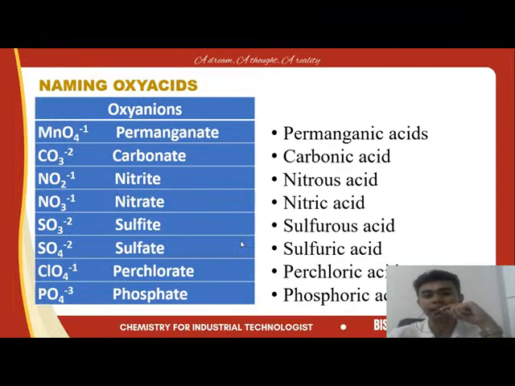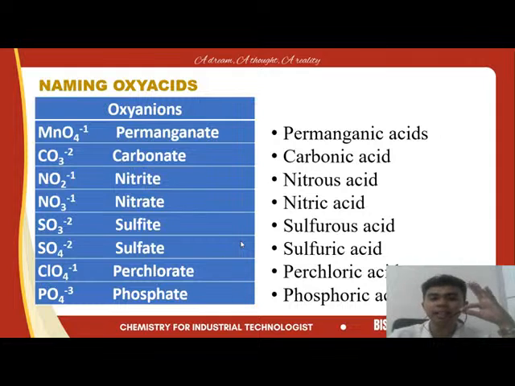So very basic. All you have to do is remember that if the last three letters or the suffix of the oxyanion is ITE, you must replace it with the suffix OUS and add the word acid. If the last three letters of the ion are ATE, you must replace it with the suffix IC and add the word acid.